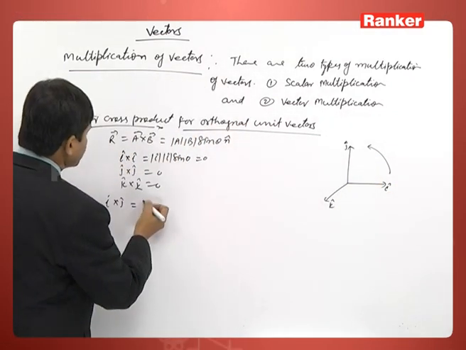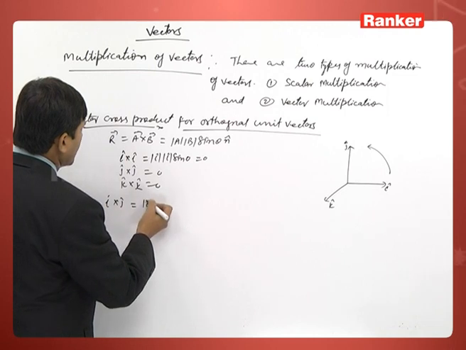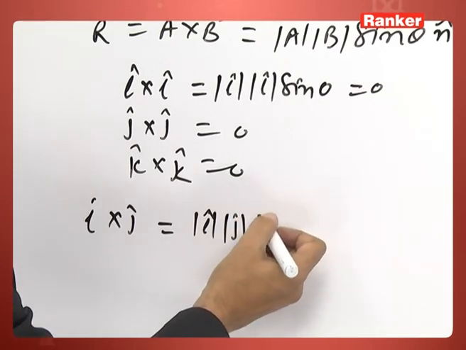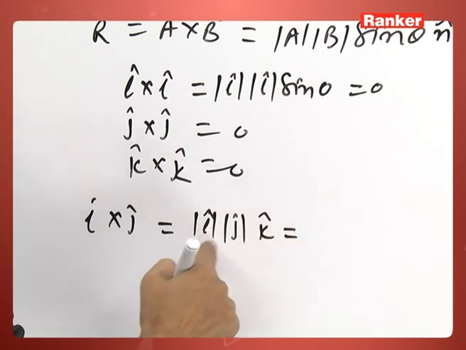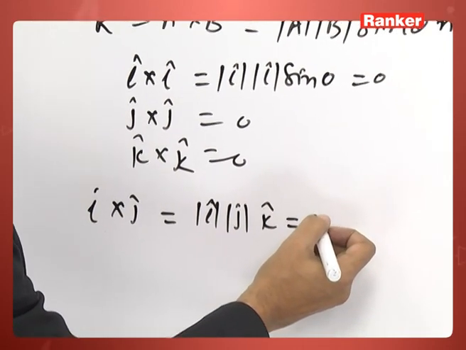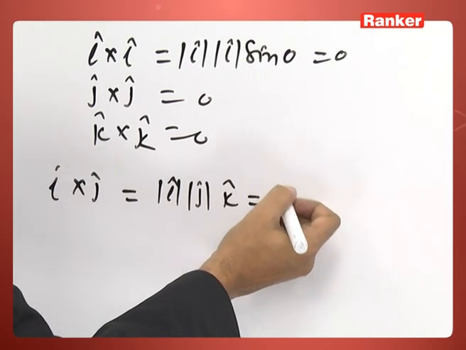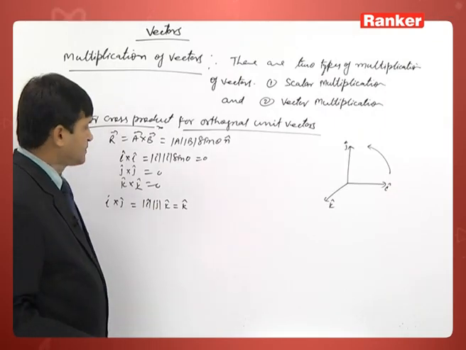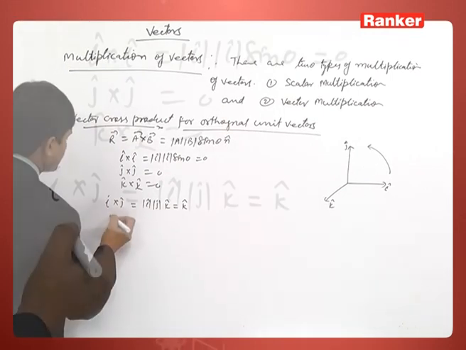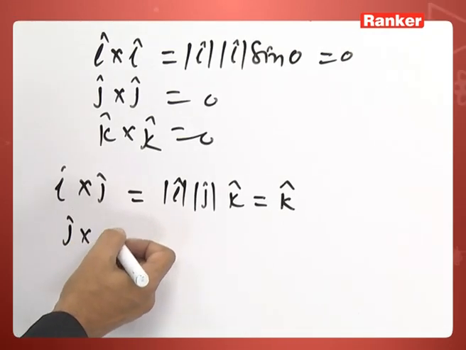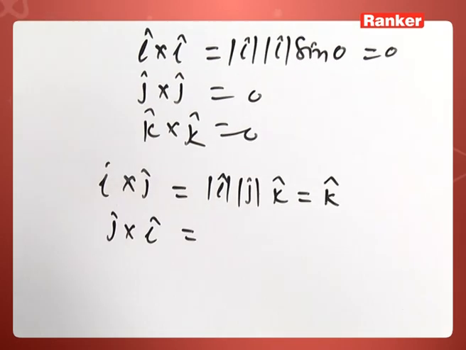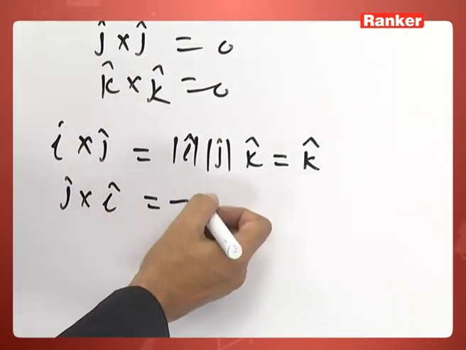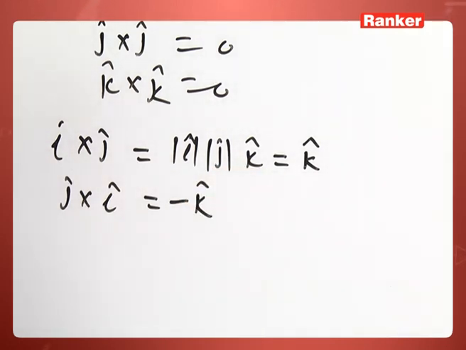So we can write mod i cap, mod j cap, direction k cap. Since i and j are unit vectors, their magnitude is 1. So, finally, i cross j is k cap. Similarly, j cross i, as I said, is in the opposite direction, so j cross i will be minus k cap.